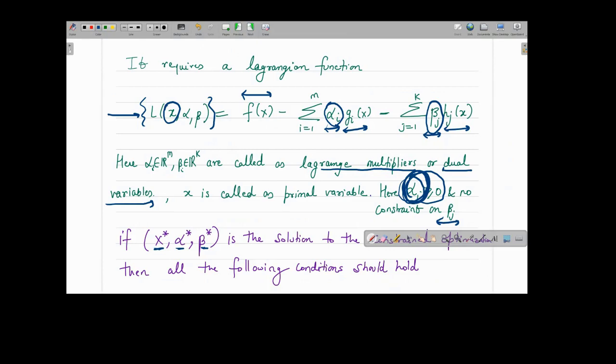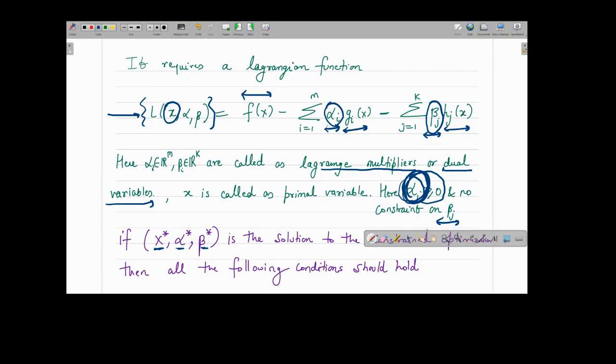Can you speak loudly? See, this actually relates to the mathematical part, like how they derived this Lagrangian function. I don't want to go into the details of that, otherwise it will stretch out the lecture. What happens is they have come up with alpha greater than 0, as well as no constraint on beta, based on the Lagrangian discussion of how they formed it to be a lower bound on the function.